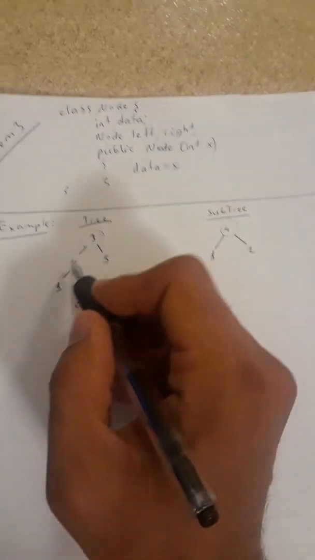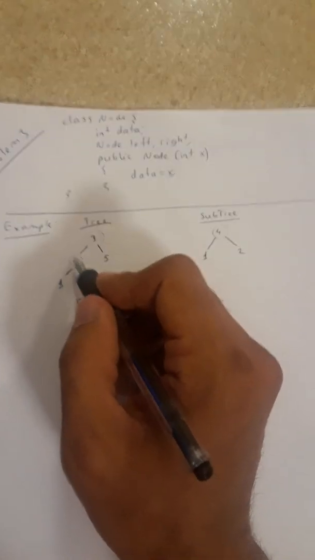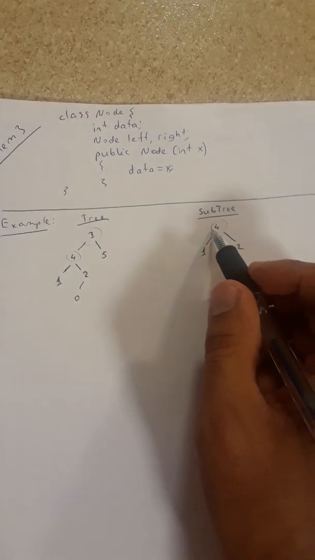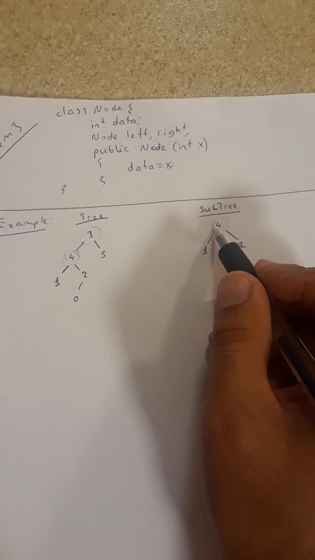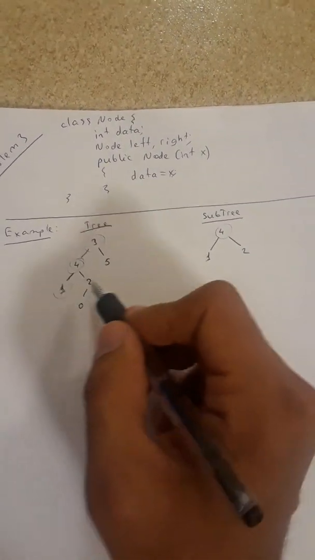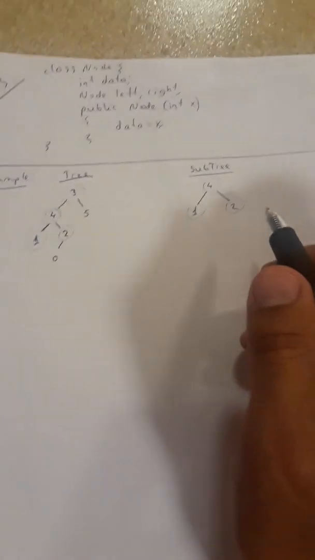Otherwise, I will move to its children and start checking from there. At this point I will see that the data in those nodes are equal to each other. After that I will check the children of those nodes and check if they are equal to each other or not.